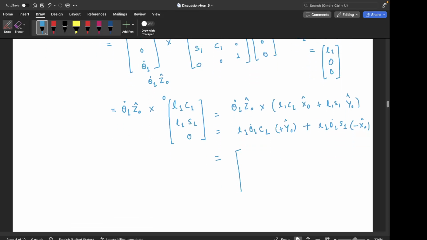Writing it again in vector form, this becomes L1 theta 1 dot s1 with a minus sign, L1 theta 1 dot c1, and 0. So this is the velocity of the origin of frame 2 expressed in frame 0.